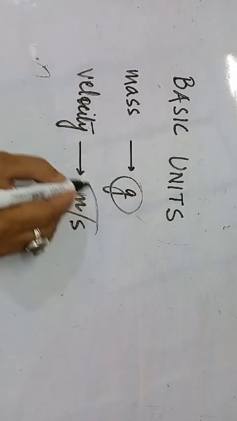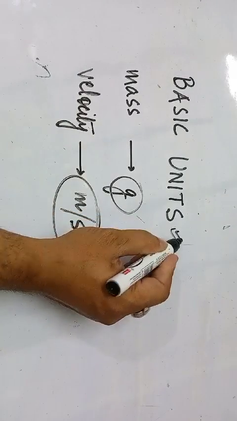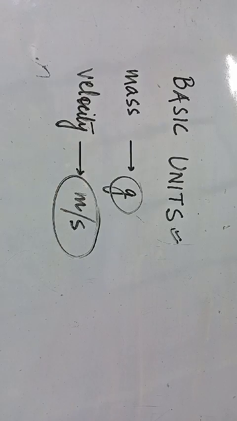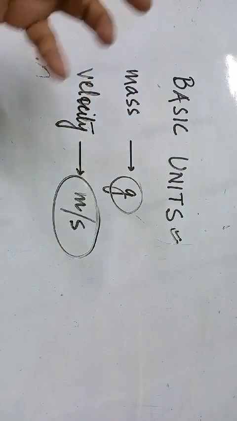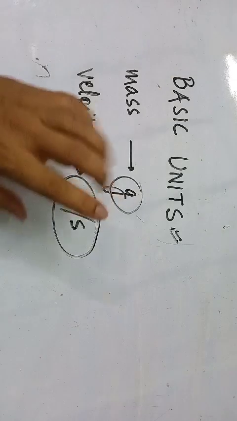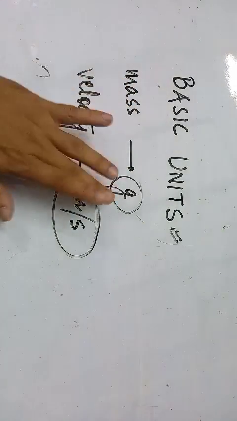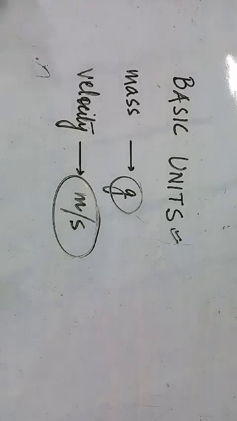So can we say that meter per second is a derived unit? It's certainly not a basic unit, because basic units, as we understand, have their own individual existence and have not been taken from anywhere else. It's not a combination of a number of units, it's a singular individual existence of a unit. Okay, so mass, grams, is a basic unit.